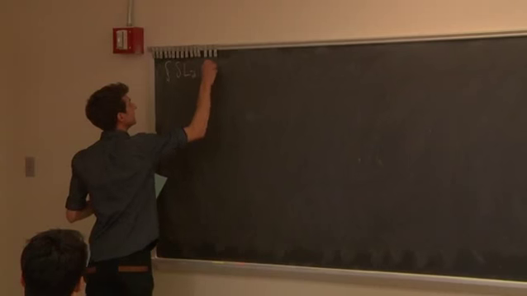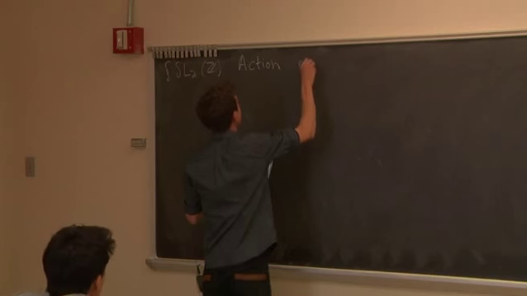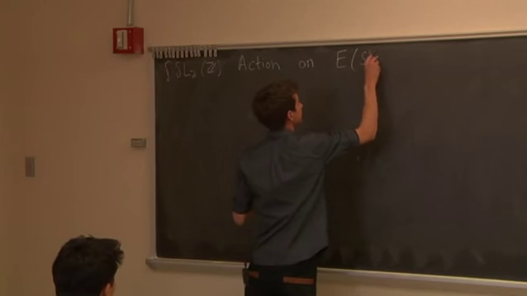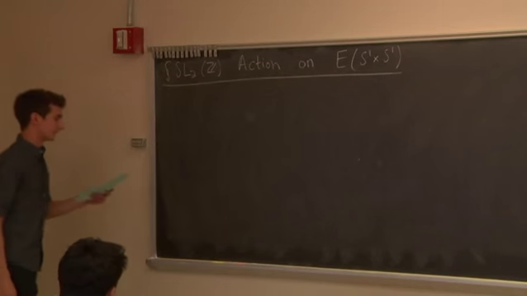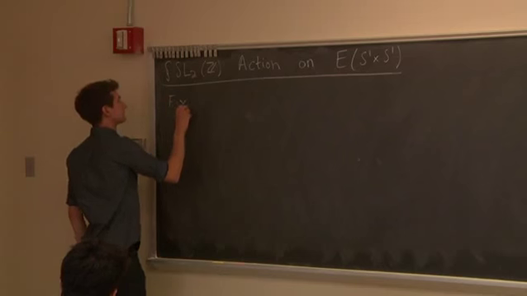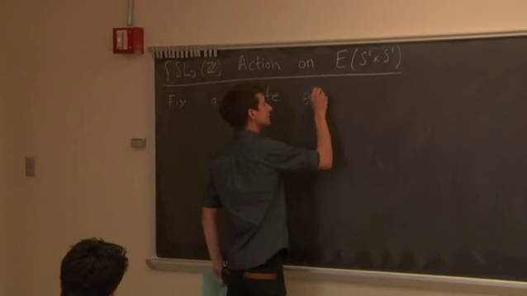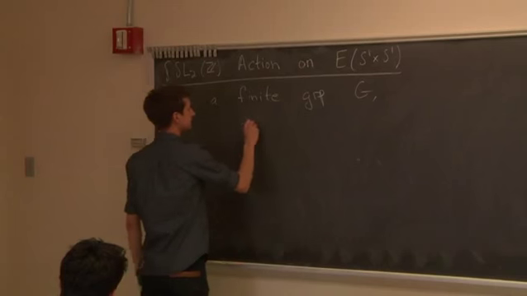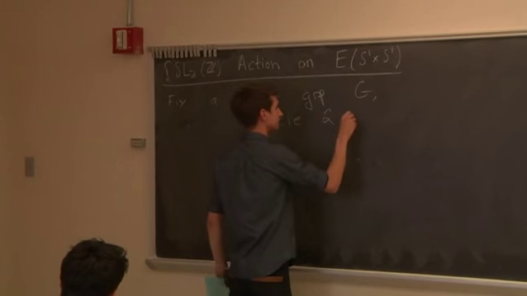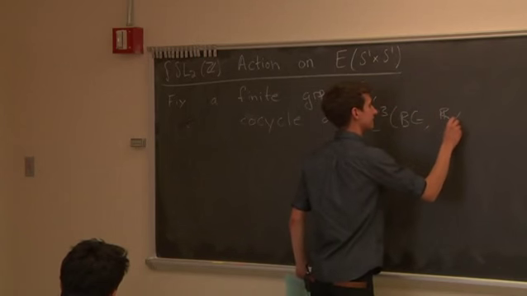An example of this structure in practice where we calculate the SL2Z action on the inner product space associated with the torus for some arbitrary theory. So fix a finite group as before. Now your co-cycle, and I guess it's going to be C3 of the classifying space.